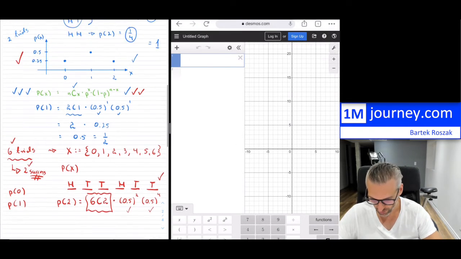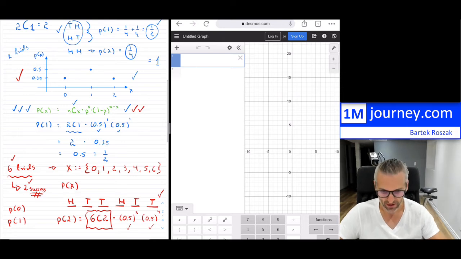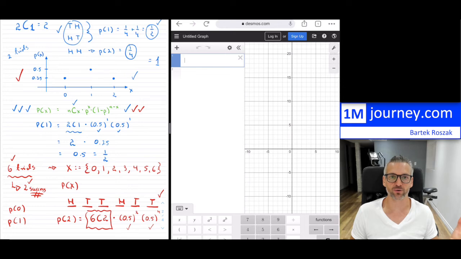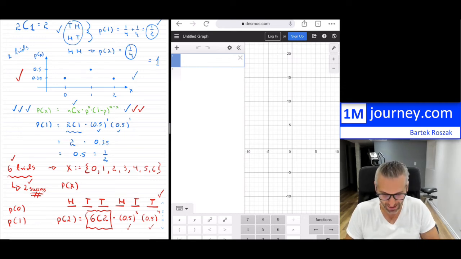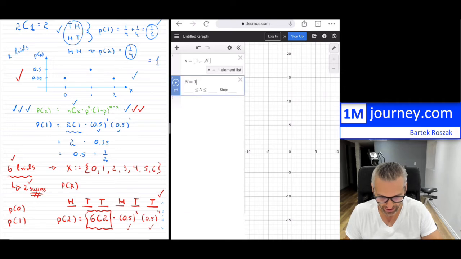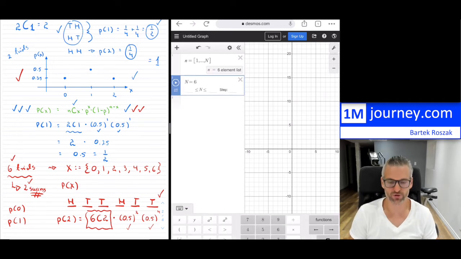So now, we're kind of right there. Okay, so to map this out, it's like mapping out a discrete function, because now we are dealing with a discrete condition in terms of mapping this. So I'm going to put n is equal to 1, dot dot dot, comma, capital N, where this N for us is going to be 6 trials.